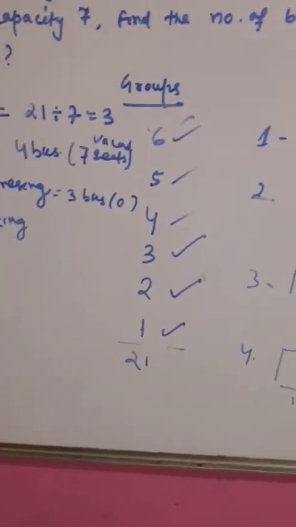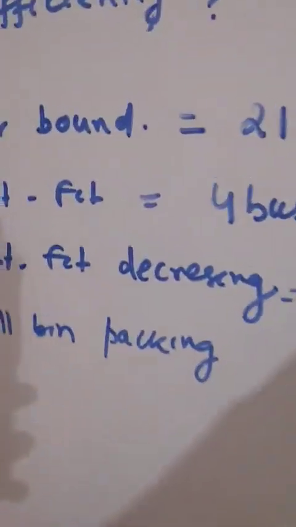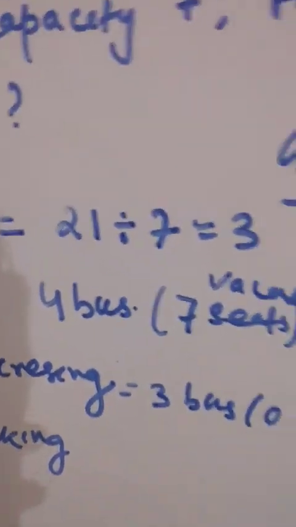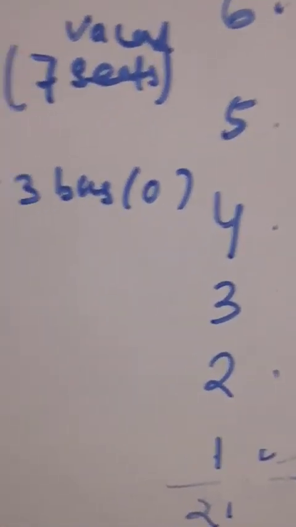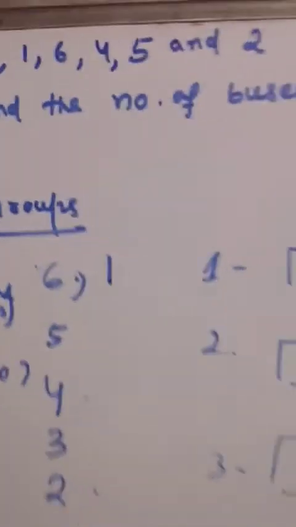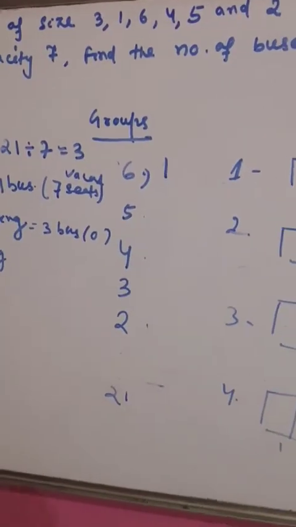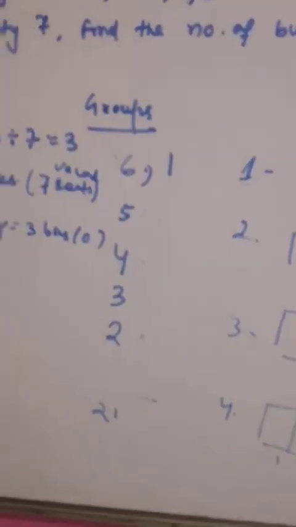So I have to combine these groups. So let us say the first one is 6 and 1. 6 and 1, here I am combining it as 7. Why 7? Because the minibus size is 7. So I am combining two groups, one group of size 6, another group of size 1, as 7.